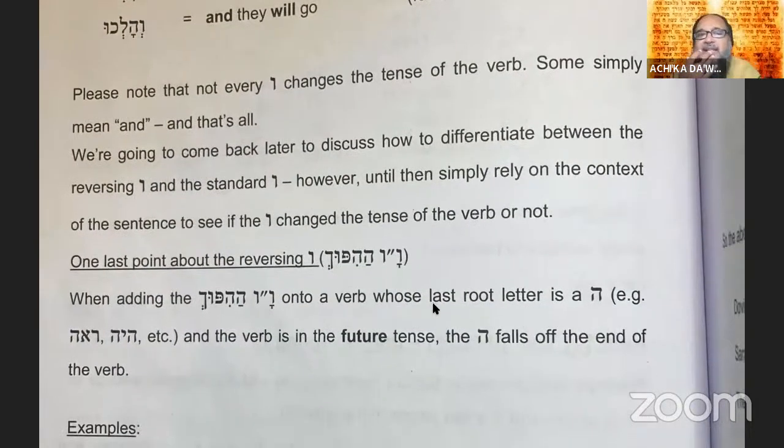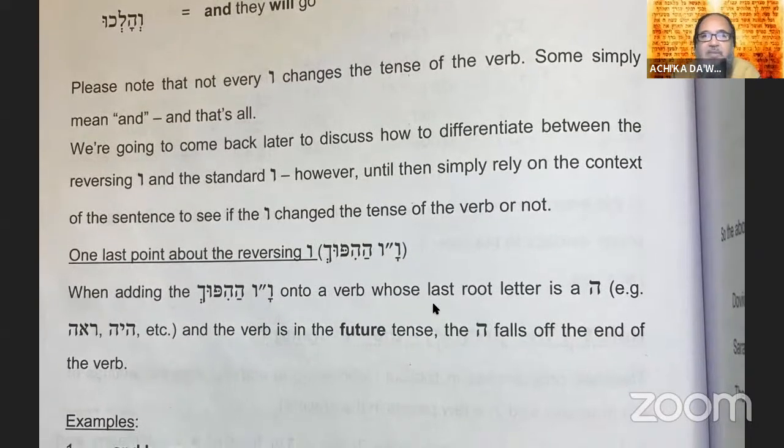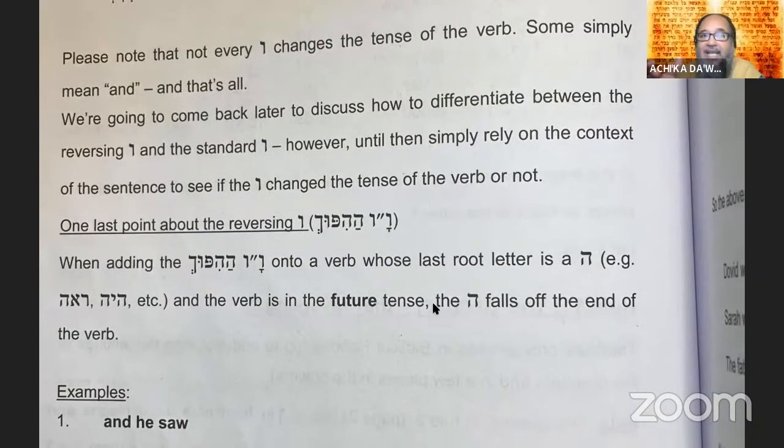So what it's saying to us is that they wanted us to note that not every wa changes the tense of a verb. Some simply mean and that's all. So they said we're going to come back later and discuss the difference between the reversing and the standard. However, until then, we simply rely on the context of the sentence to see if the wa has changed the verb or not.